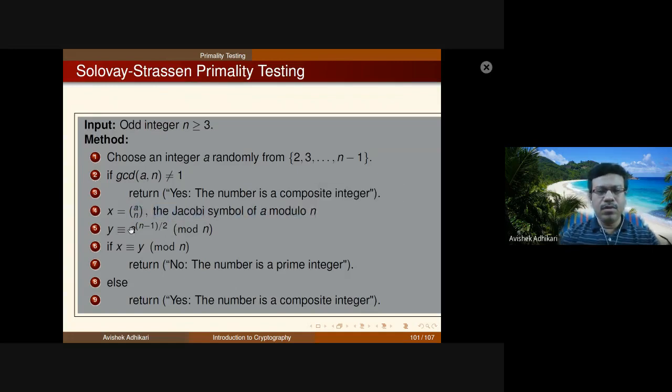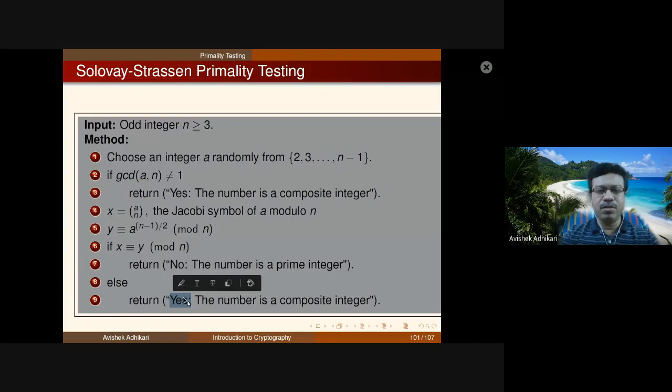Now you can also calculate this part by using the square and multiply algorithm very efficiently. So now you have x and y. Now if x is congruent to y, then your conclusion is no. But if x is not equal to y, that means in the else part, then your conclusion is yes.